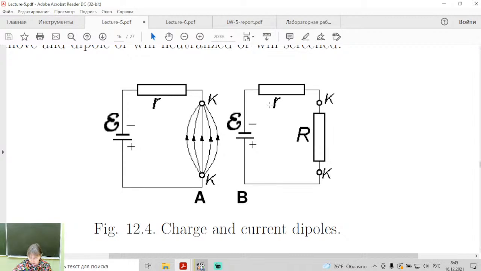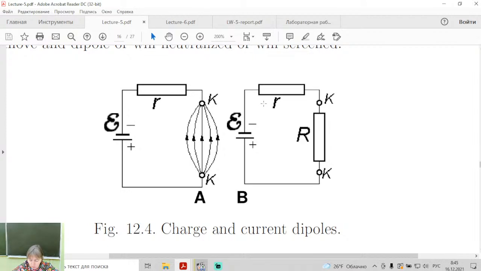Such a dipole system, consisting of a source and a sink of current placed at a small distance d, is named a current dipole.